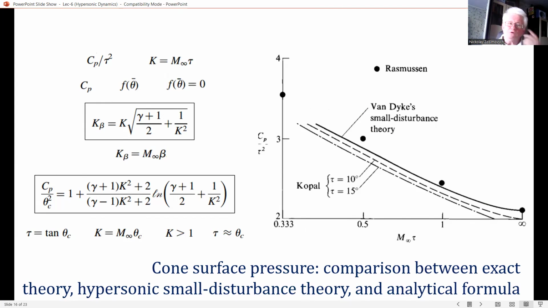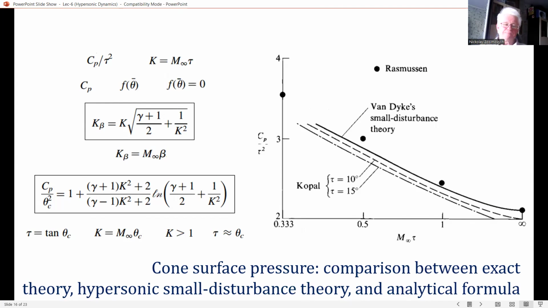Recall our earlier statement that the application of hypersonic small disturbance theory to the flow over a cone is given here partially as an academic exercise, an exercise to demonstrate for a relatively simple flow what the hypersonic small disturbance theory is all about.